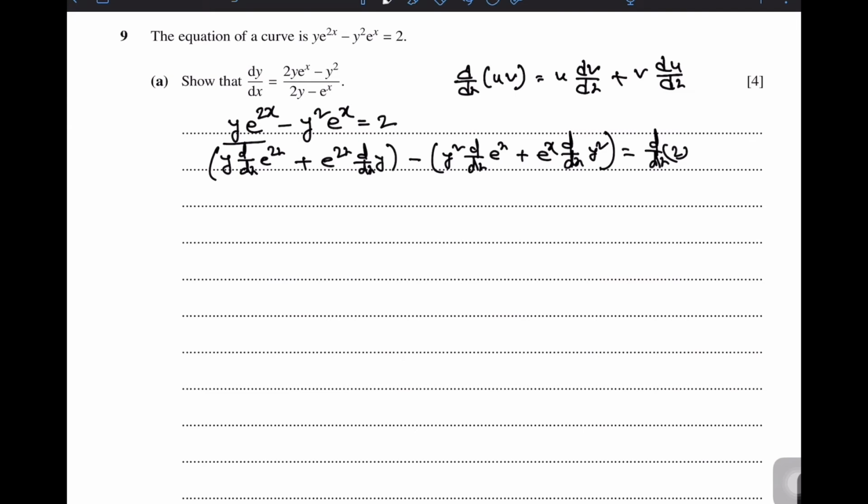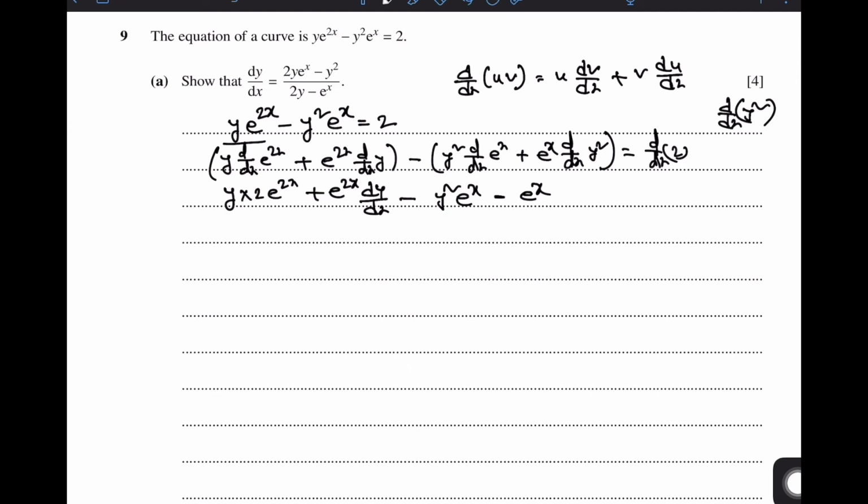So let us differentiate: y into 2 e to the power 2x plus e to the power 2x dy dx, minus y square e to the power x minus e to the power x, since it is d dx of y square, we are differentiating with respect to x.